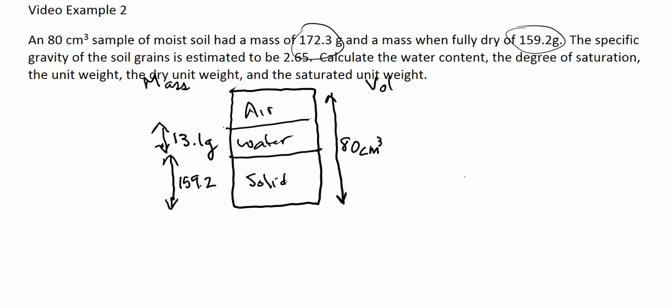To get the volume of the solid phase, what we'll need to do is recognize that it's 159.2 grams of solid, and if we multiply that by 1 over G times rho, where G is the specific gravity and rho is the mass density, we'll get what we want.